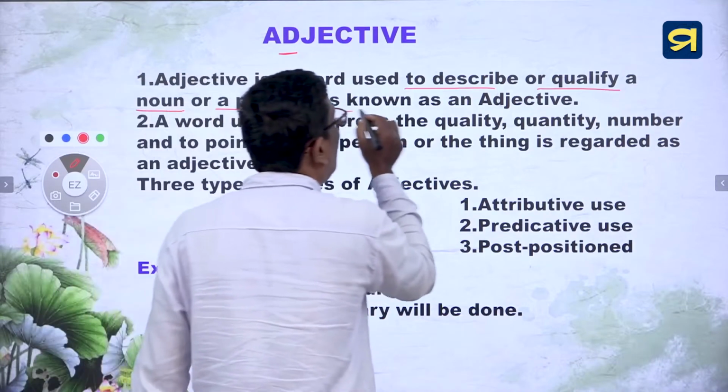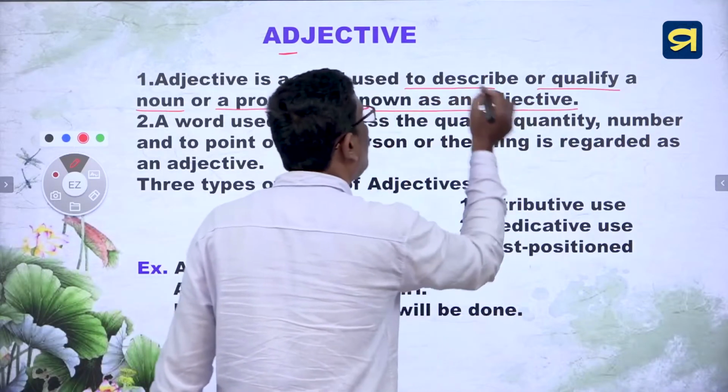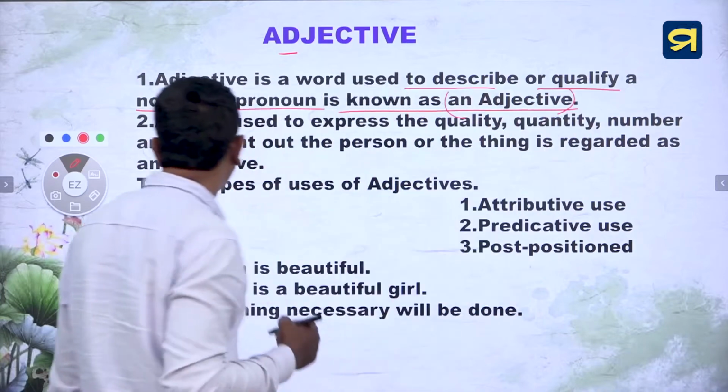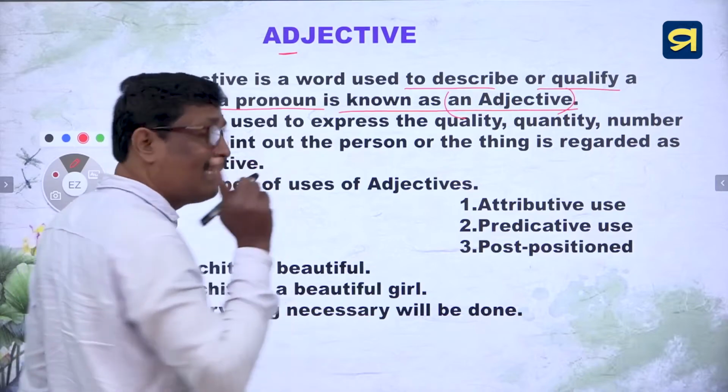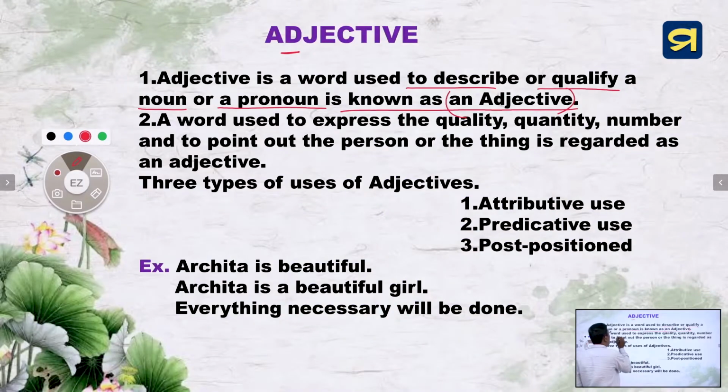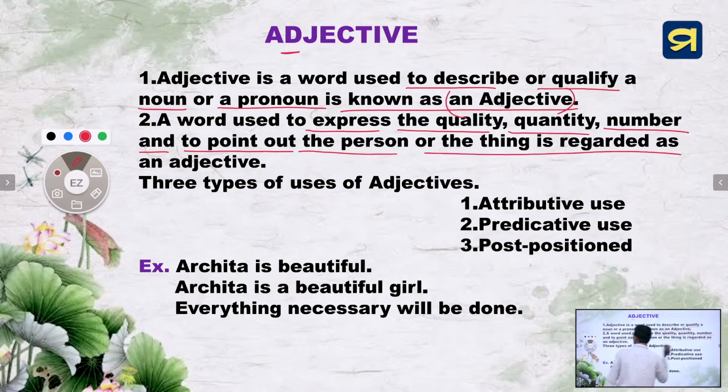Number 2, the other definition of adjective. Adjective is a word used to express the quality, the quantity, number and to point out the person or the thing. Adjective is a describing word. Dear students, always remember it describes the noun or pronoun.